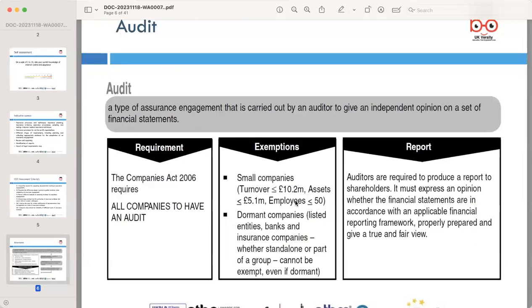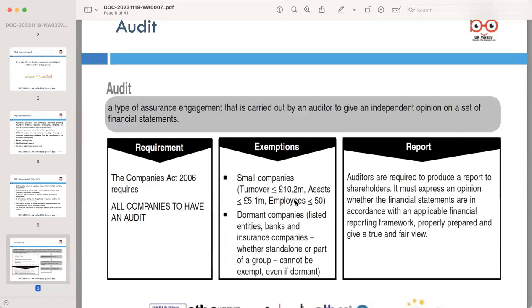Then dormant companies, which are like sleeping companies that are not active, also don't have to get an audit. However, if it is a company listed on the stock exchange, a bank, or an insurance company, they can't escape the audit even if they are dormant. So auditors are like a checkup for companies to make sure they are doing things right.